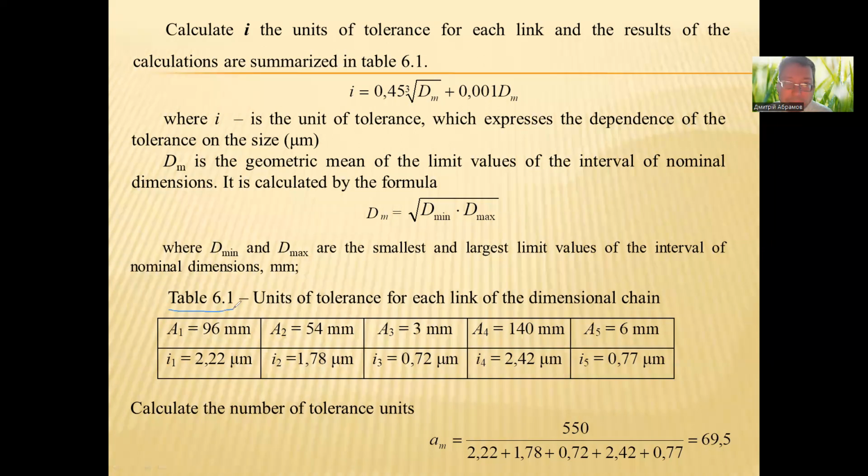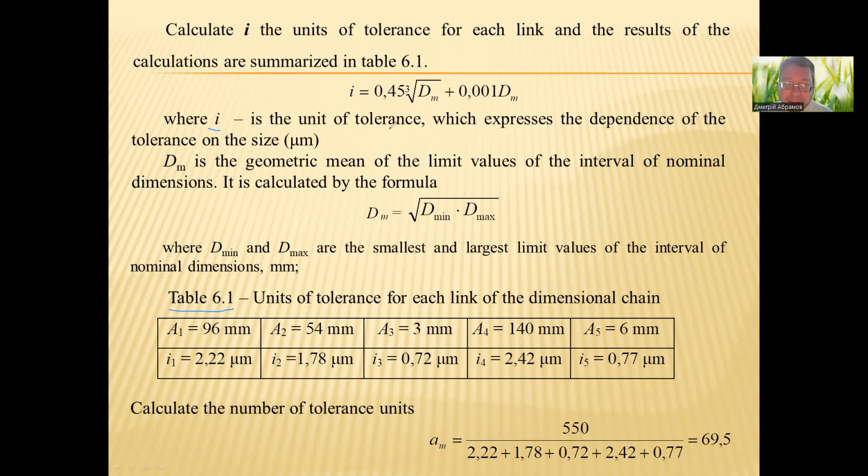We use the formula to calculate I: 0.45 multiplied by the cube root of d suffix m plus 0.001 multiplied by d suffix m, where I is the unit of tolerance, which expresses the dependence of the tolerance on the size in micrometers.